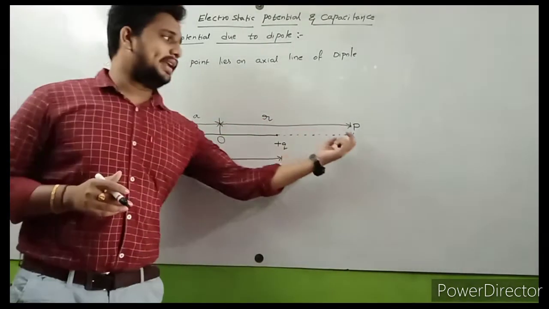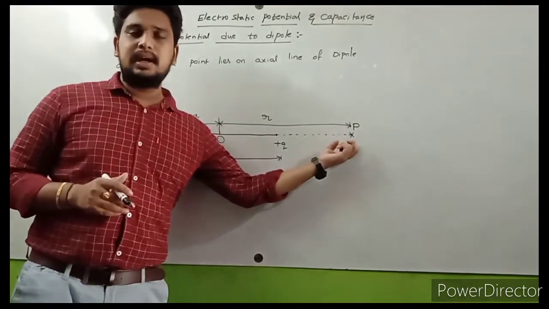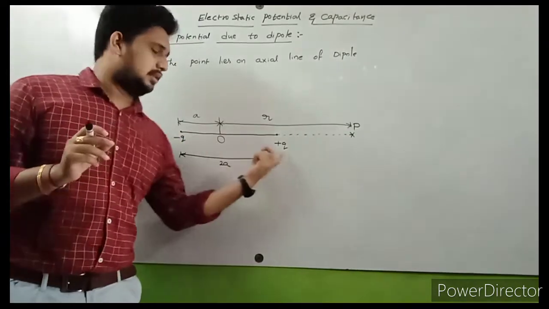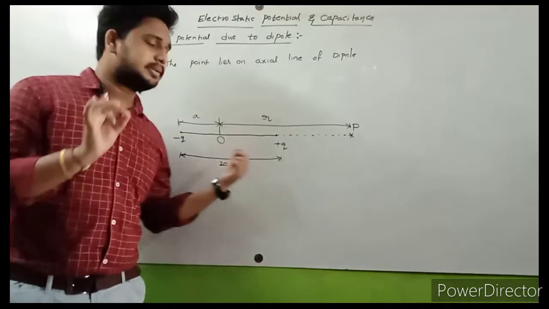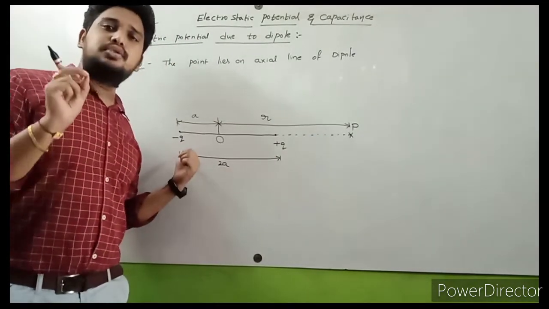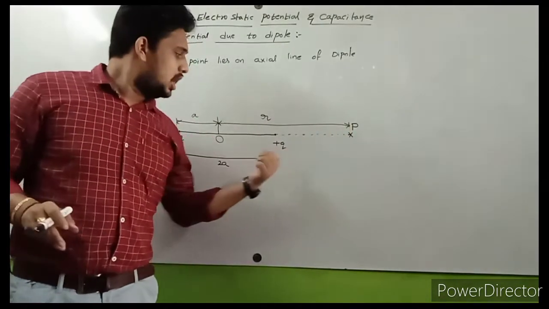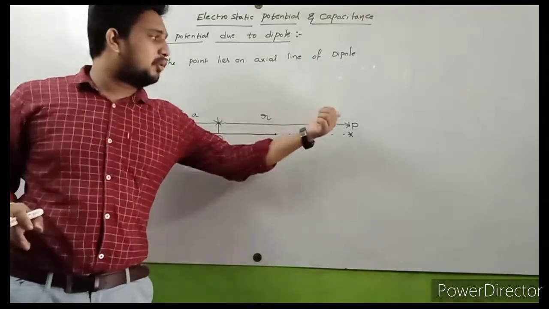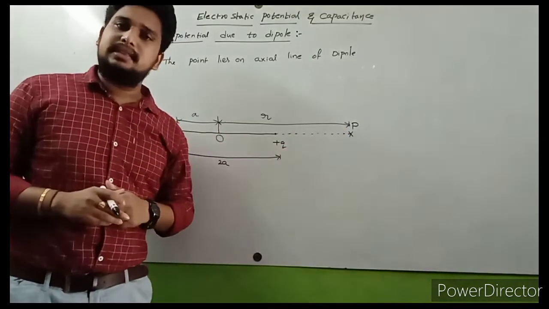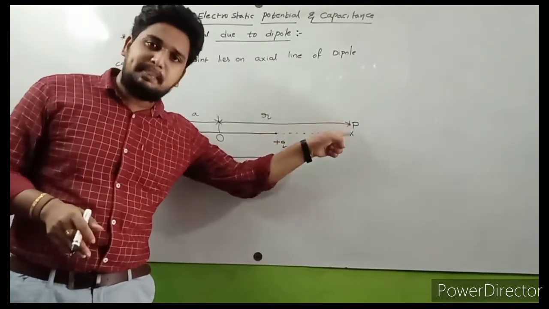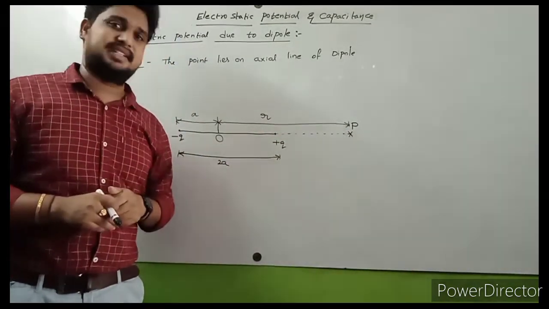We need to find the net potential at point P. Here two charges are there, plus Q charge and minus Q charge. Due to the minus Q charge, some potential is acting on P. Due to the plus Q charge, some potential is acting on P. That means we need to find the net potential at point P due to these two charges.